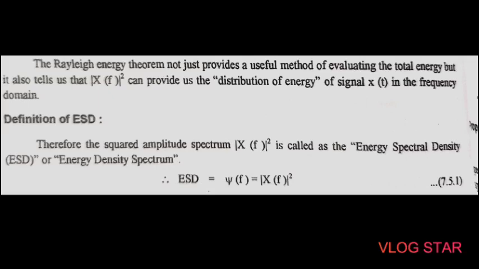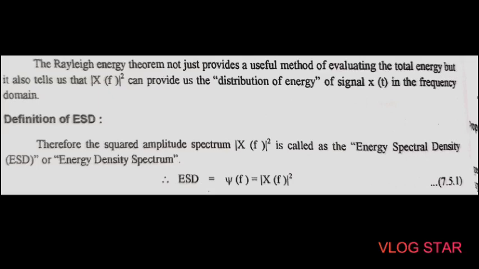Okay, so the Rayleigh energy theorem not only provides a useful method of evaluating the total energy, but it also tells us that |X(f)|^2 gives us the distribution of energy of signal x of t in the frequency domain. Okay, so let us define ESD. Therefore, the squared amplitude spectrum, that is |X(f)|^2, is called the energy spectral density, or we can say energy density spectrum.